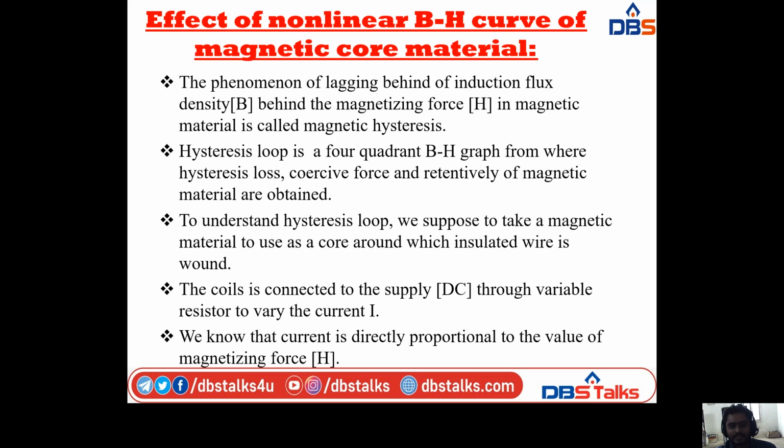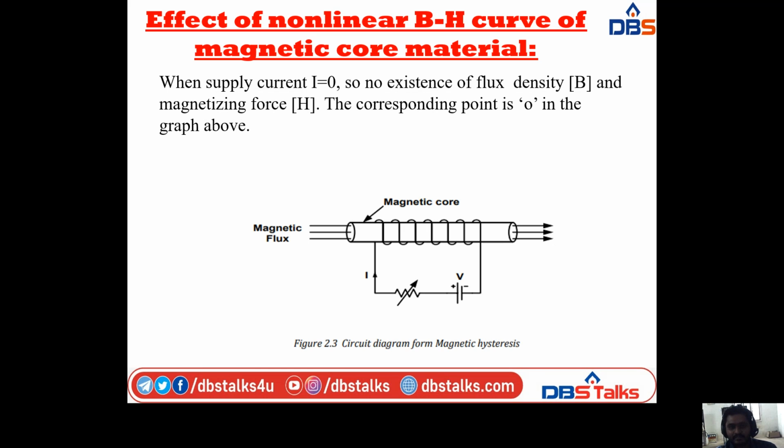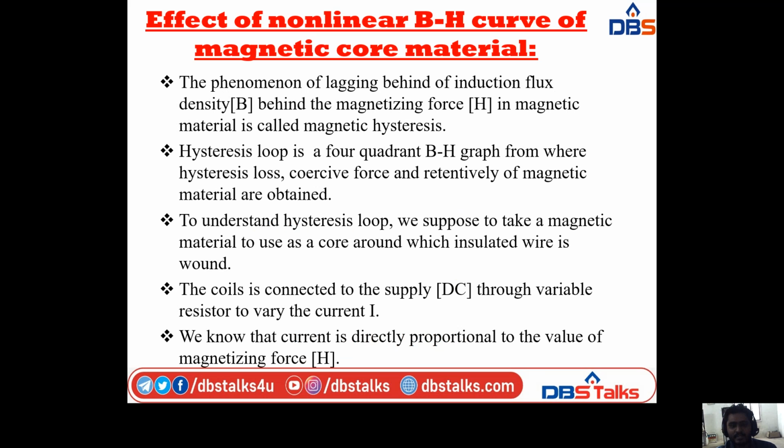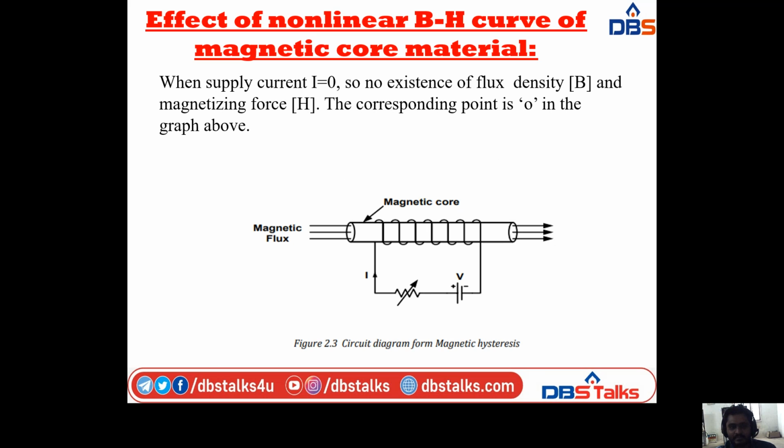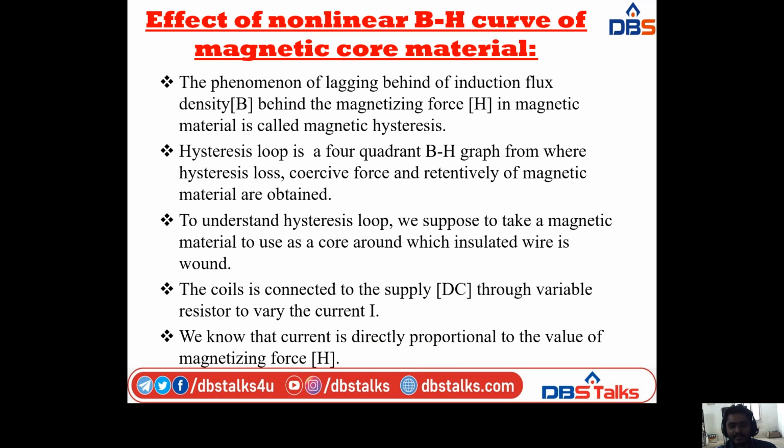The coil is connected to the DC supply V through a variable resistor, which is used to vary the current I. We know that the current is directly proportional to the value of the magnetizing force H.